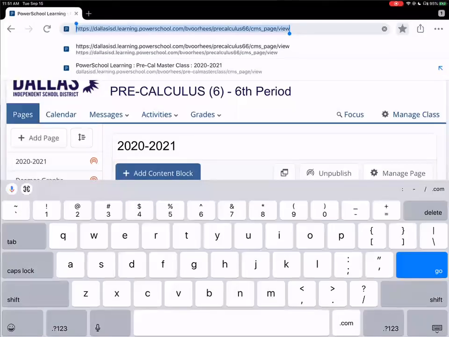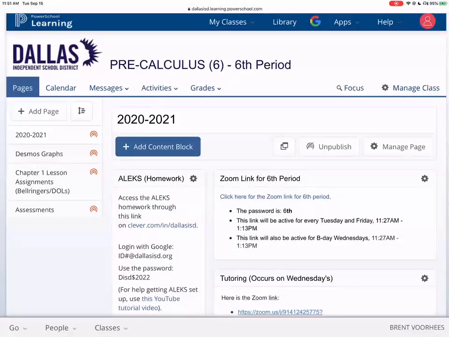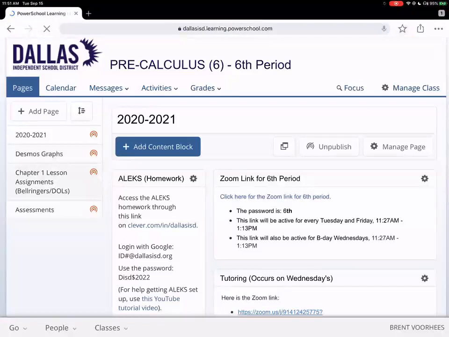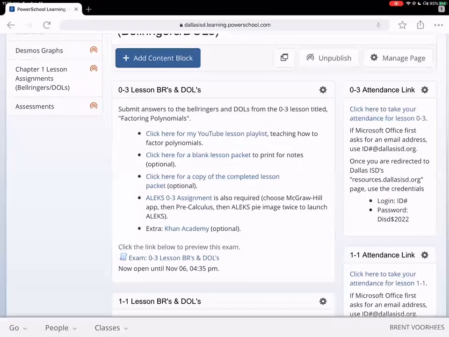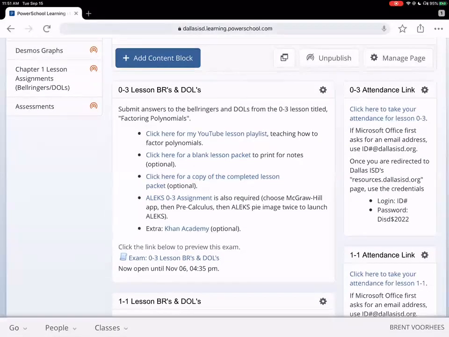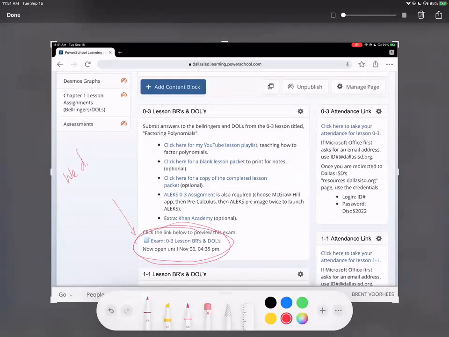When you go to Power School Learning, it opens up this site. From here, you're going to click on Chapter 1 Lessons. And what we just did, you're going to turn into 03. What we just did in the bell ringer, you're going to turn in right here. We did number 2, the steps, number 4, 5, and 6 together.